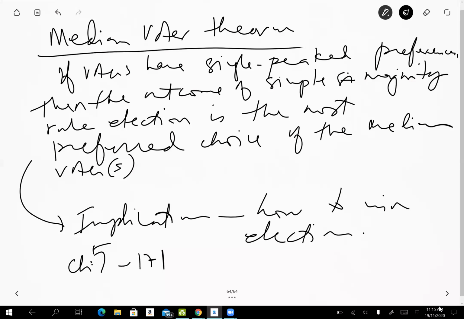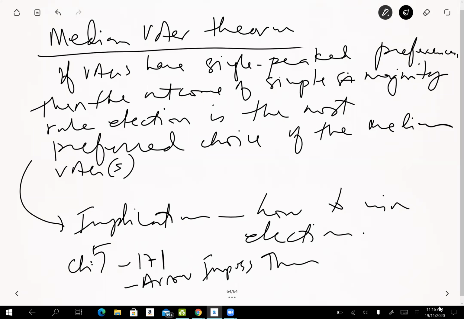Then you will see the Arrow impossibility theorem. I want you to read that over the holiday. And then you go more, you will see the majority rule, plurality rule, and then of course the median voter will be discussed more at length at the end of the chapter.